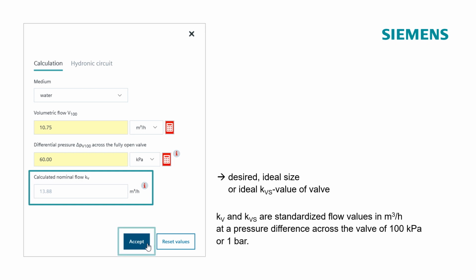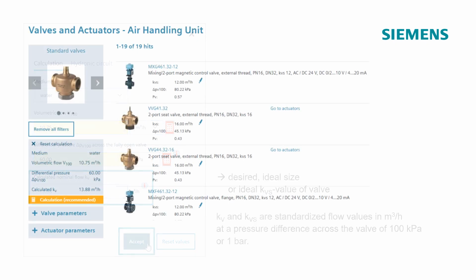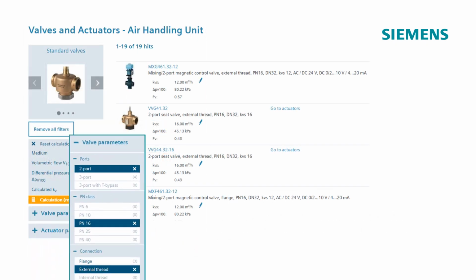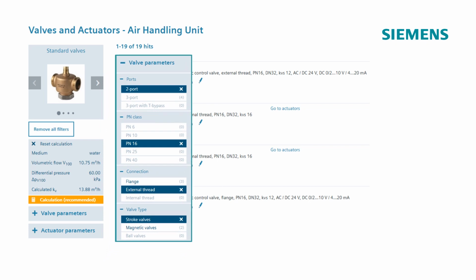Click Accept. By doing so, the calculations are being finalized and the selection of applicable control valves will be further limited based on that. This select list can be further reduced. For that, select the desired or required valve parameters such as ports, connection and valve type.